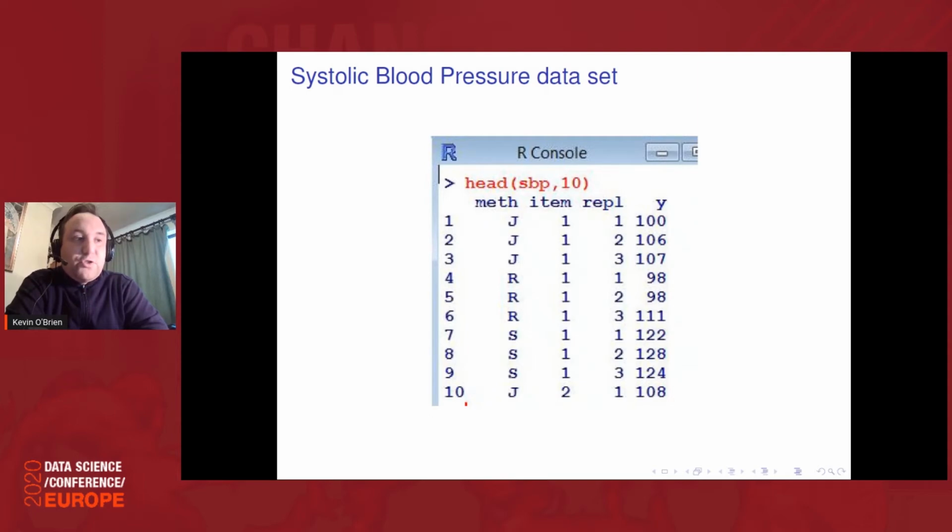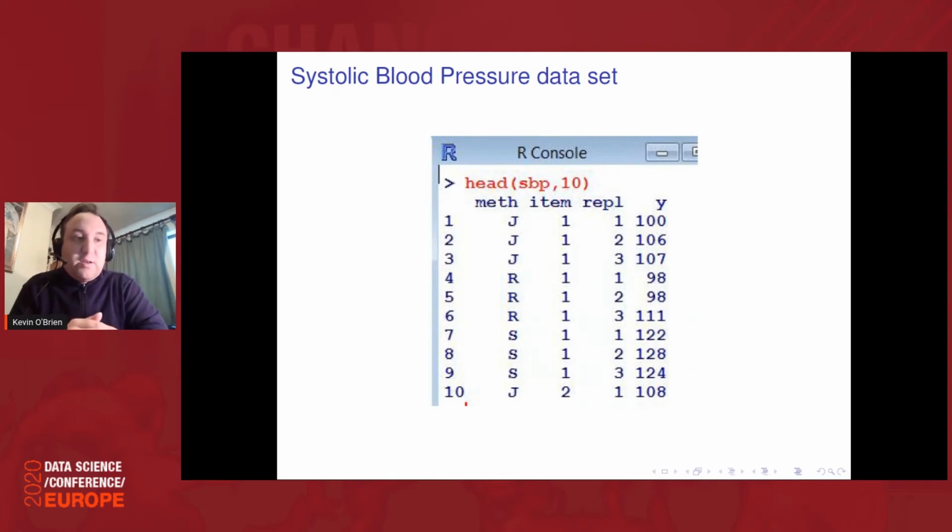Method J for the first 3, item 1, 3 replicate measurements. The measurements are 100, 106, and 107. So they are all 3 replicate measurements made by method J on item 1, all at the same time, so they are supposed to be close to each other. Likewise, there's R and S. R's are 98, 98, and 111.